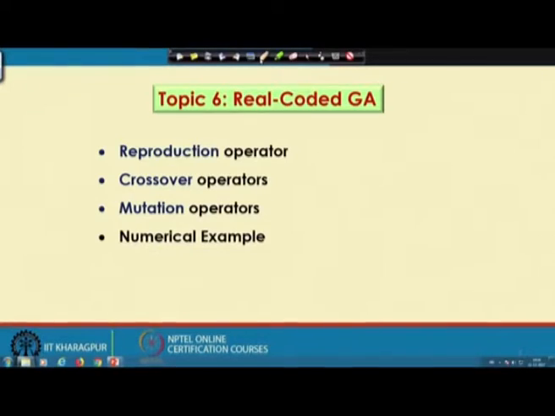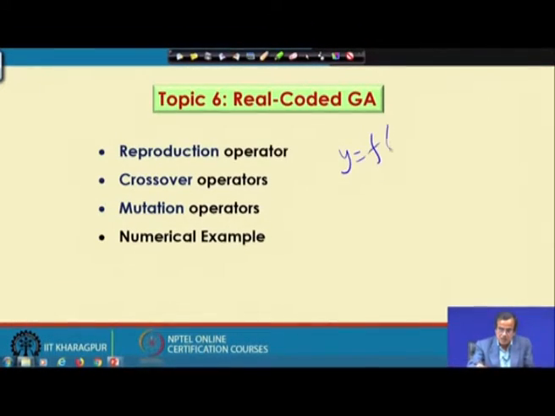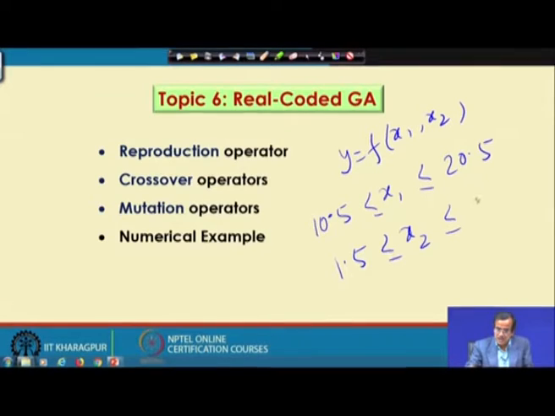For example, say I have a function of 2 variables, y is a function of x1 and x2. Say x1 lies between 10.5 and 20.5 and x2 lies between 1.5 and 8.5. So, both the variables are real, and if I want to solve the optimization problem involving this type of variable, it is better to go for the real coded GA.